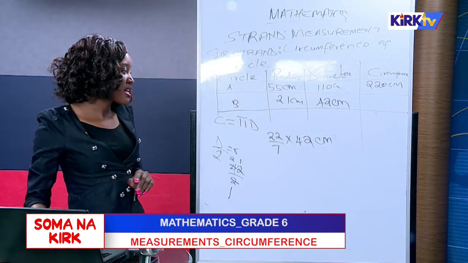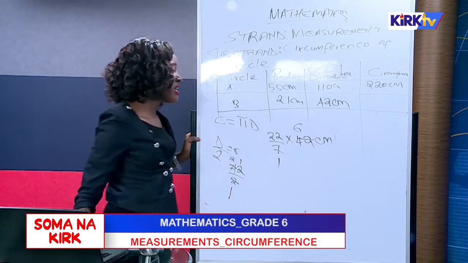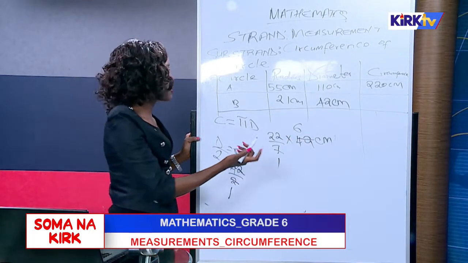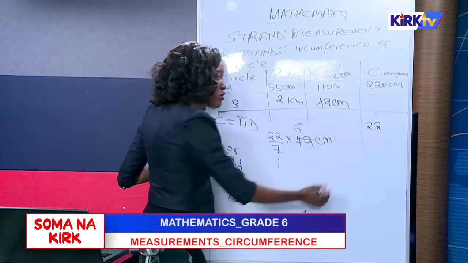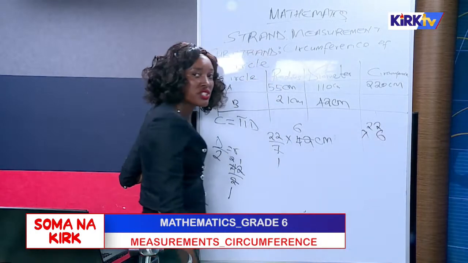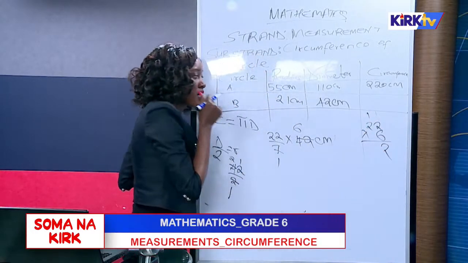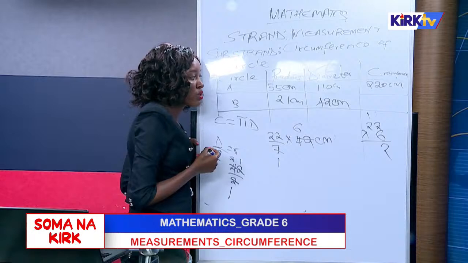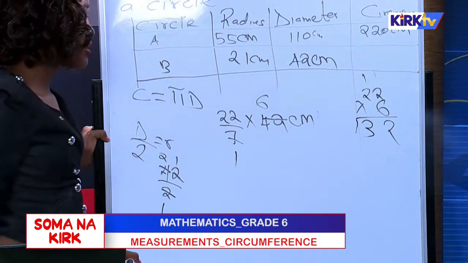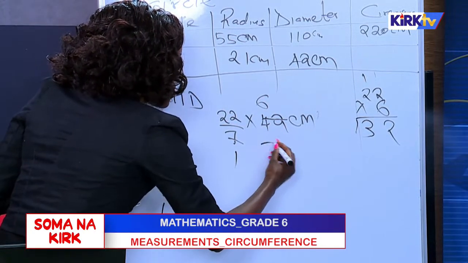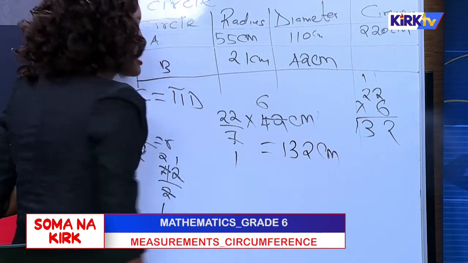That is 6 times 7. Very good. So by 7, 1 by 7, you write 6. And then multiplication. Maybe you can use a long way. 22 multiplied by 6, which is 6 times 2, it's 12. Carry 1. 6 times 2 is 12 plus 1, 132. So when you get 132, just write 132 centimeters, and that is the answer.